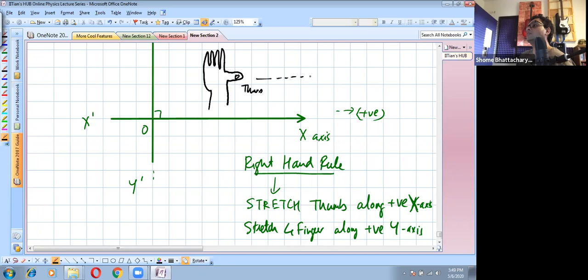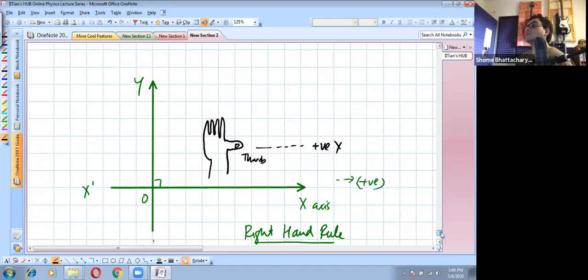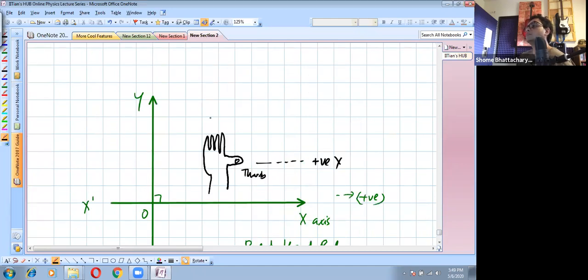It's stretched out along the positive x-axis. Whereas your four fingers, they are stretched out towards the positive y direction. This is the x-axis. Then, whichever direction your palm is facing.